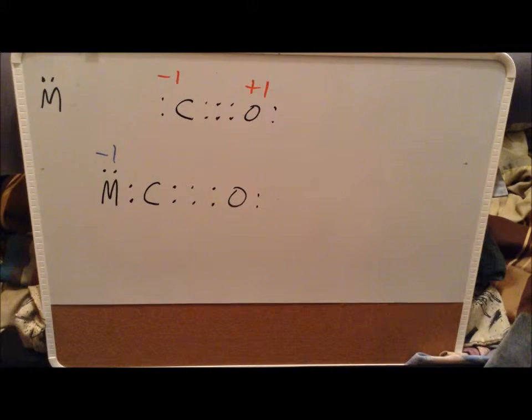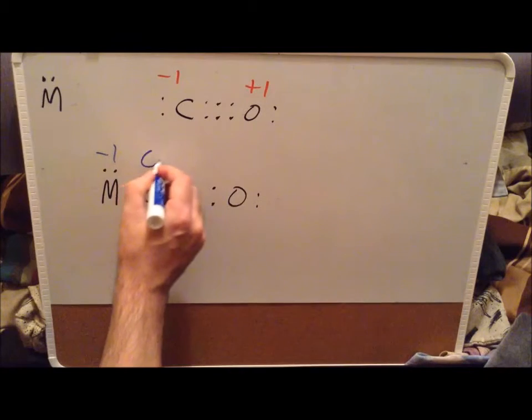So let's see what happens to the carbon atom. Well, carbon started off with 4 valence electrons. We subtract the number of lone pair electrons, and that's 0, so still at 4. And then we notice that there's 2, 4, 6, 8 total bonding electrons around the carbon. Half of 8 is 4, so 4 minus 4 equals 0 for the formal charge on carbon. So the carbon formal charge is now 0 upon binding.